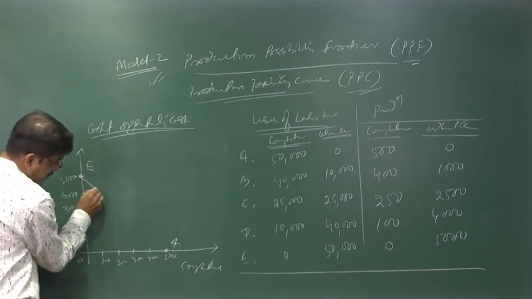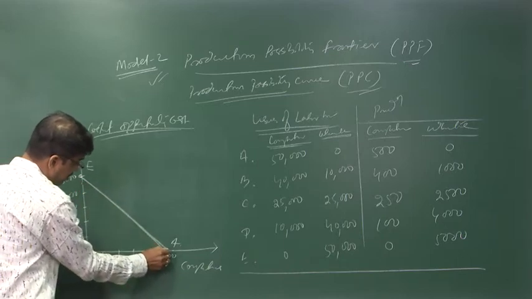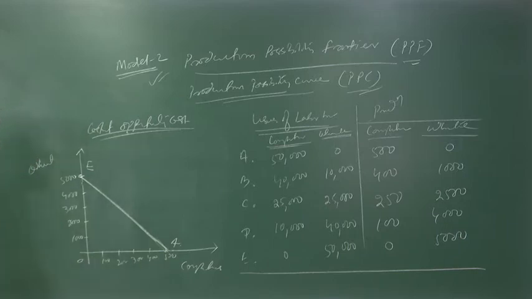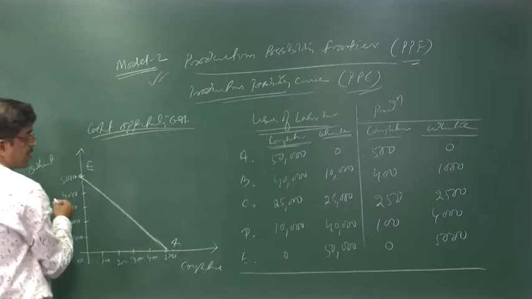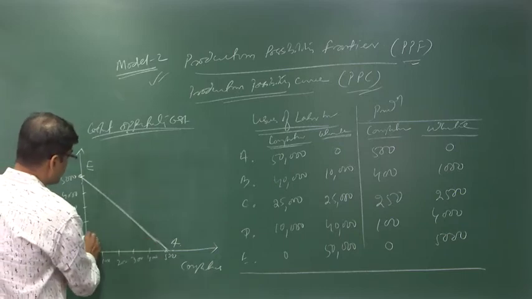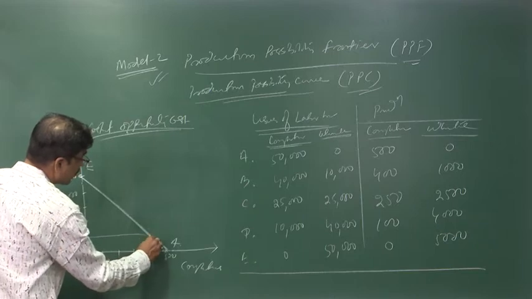When you join point A and E, we find the straight line production possibility frontier, or the production possibility curve. All of the points, let us say 400 and 1000, this is 400 and 1000, okay.